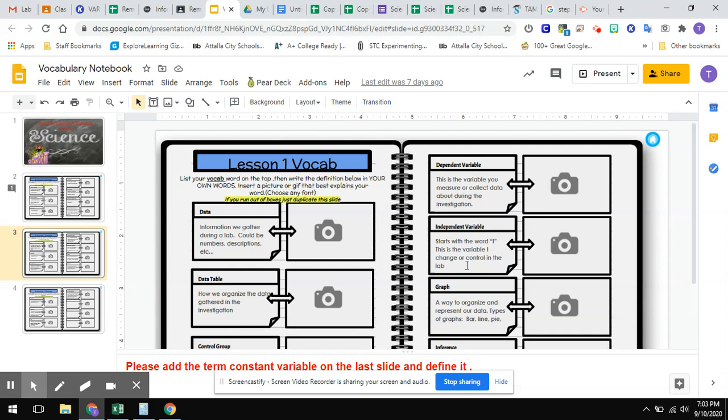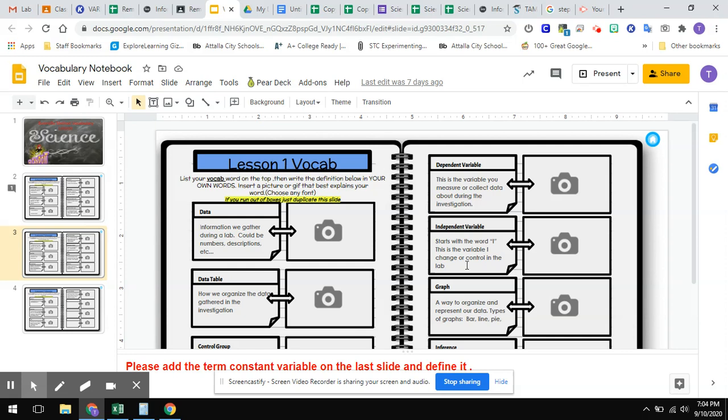So when you read a lab scenario or a question, you would ask yourself, which of those variables would I be manipulating, changing, in control of when I'm doing the lab? So if we said, does sunlight affect plant growth? Okay, so we got two variables there, sunlight and plant growth.